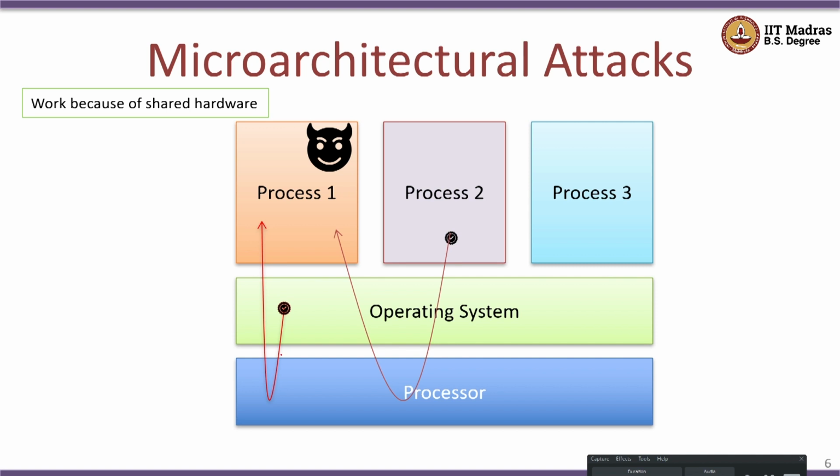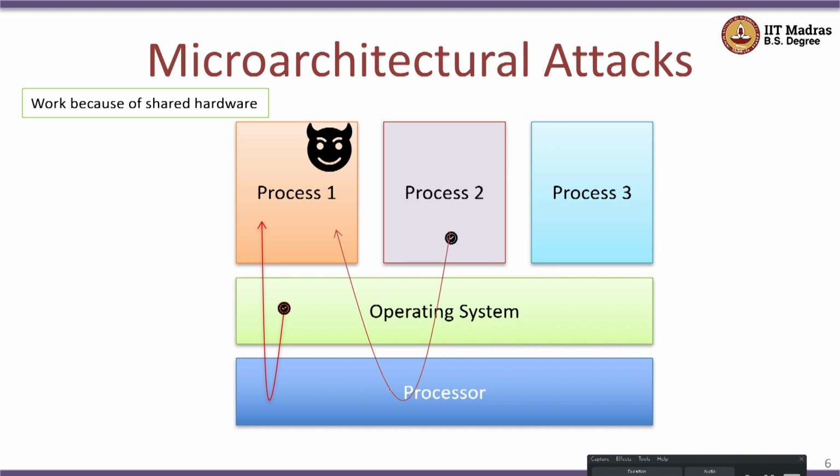Notice that the channel relies on the hardware to transfer information from the OS, in this example, to user process 1. In a similar way, the shared hardware resources could also be used to transfer information from process 2 to process 1, bypassing the sandboxed virtual address space of each process.